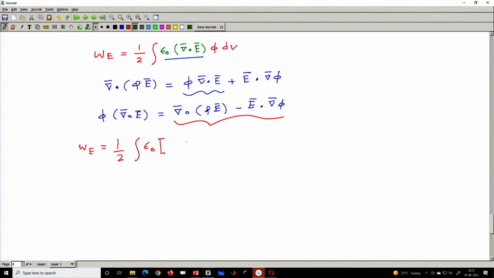Let me do it in different colors. So, it should be this. Bracket close, and then dV.